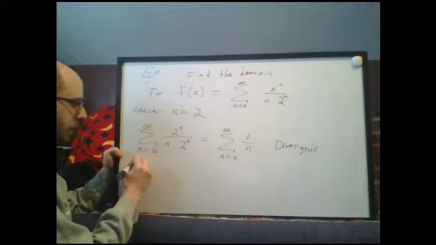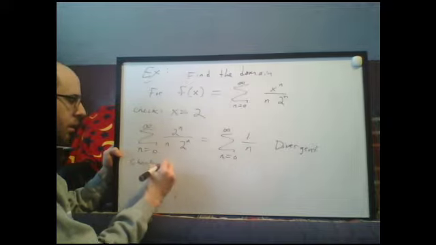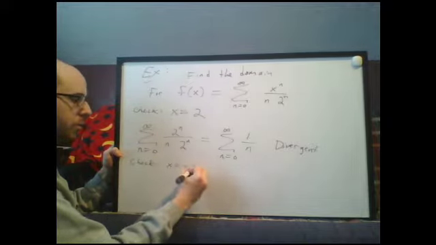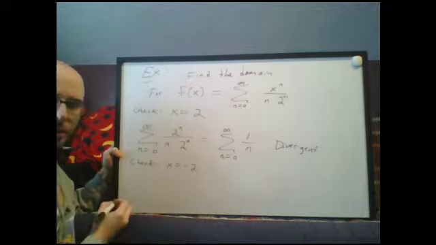Okay, now check x equals negative 2. So we plug in x equals negative 2 to this. That gives us minus 2 parentheses to the nth power divided by n times 2 to the n.